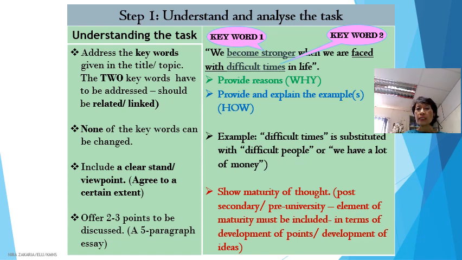So the elements of maturity have to be there in how you write your essay, the type of example given, and how you convince your reader, to show whether you are a knowledgeable or well-read person, because those are among the elements that we observe in order to gauge whether you are a mature writer or otherwise.